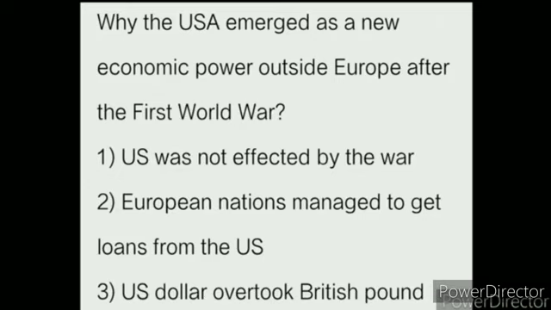Second, the European nations managed to get loans from the US. Third, American dollar overtook British pound as the basis of foreign exchange holding. These are the three reasons that paved the way for the emergence of America as a new economic power.